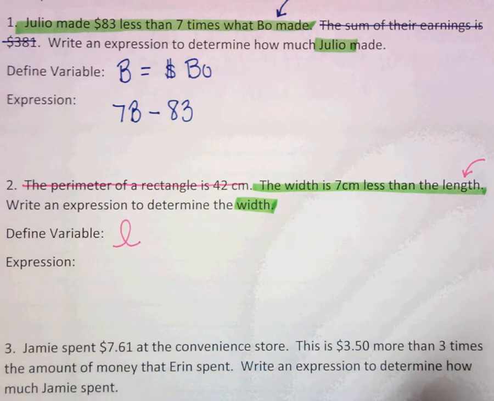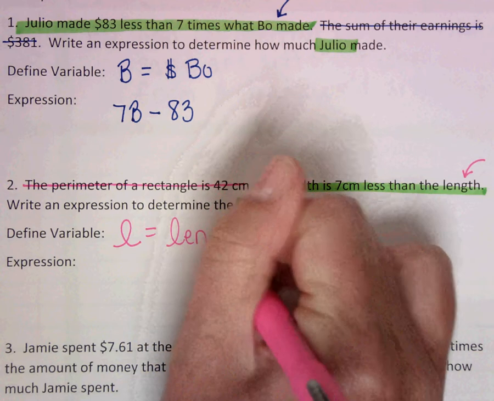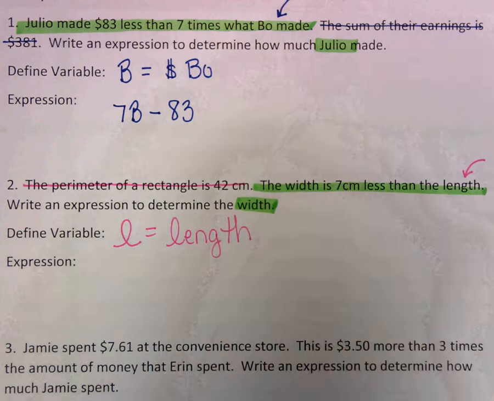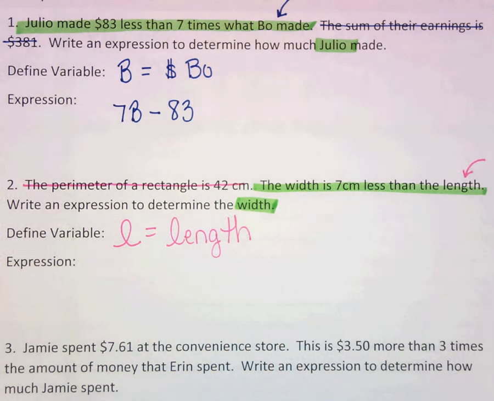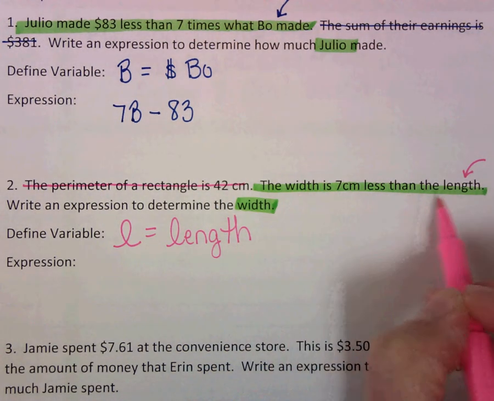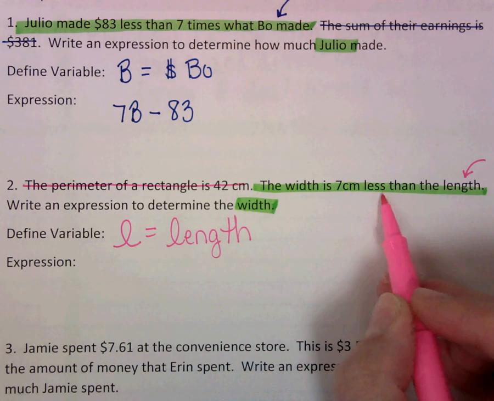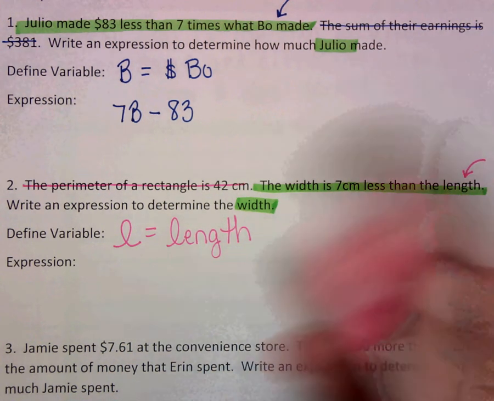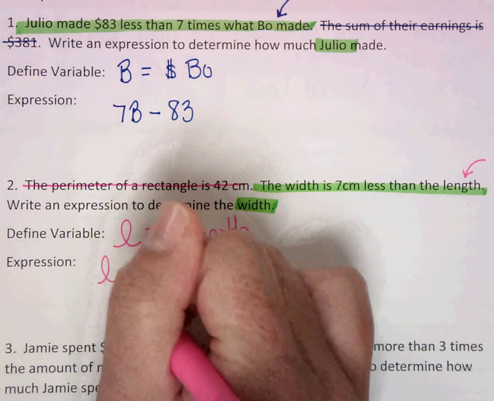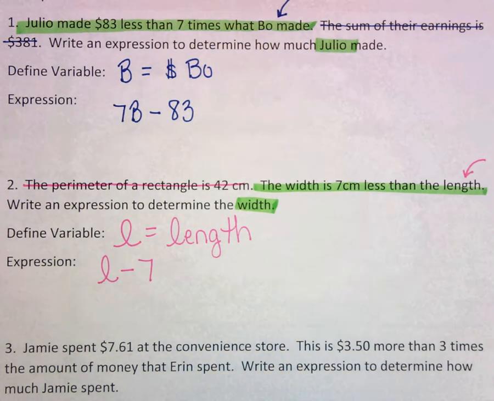That's our variable, so I'm going to use L. Our variable, our unknown, is the length. Now I can describe the width with our variable L: 7 less than the length. So our expression for the width would be L minus 7.